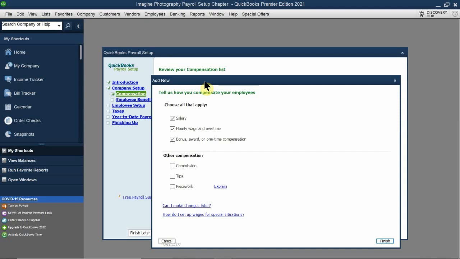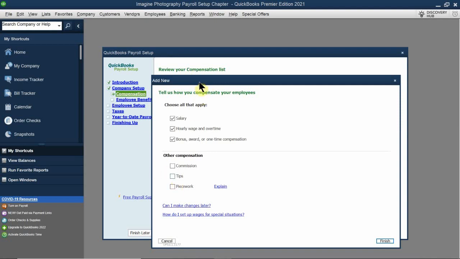If you do offer that, then go ahead and select those. Now, right now, it's automatically selected just because the most common traits of a business that pays their employees is they're going to either pay them as a salary base or they're just going to pay them as an hourly rate. Usually, that's very typical, so it's automatically checked for you.